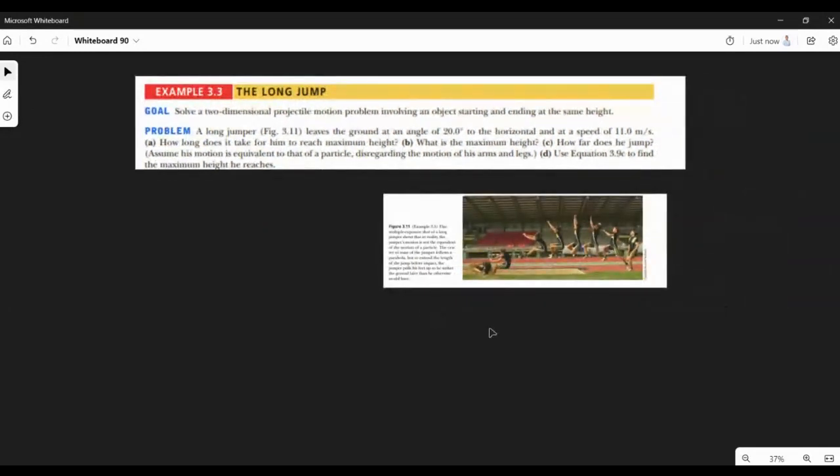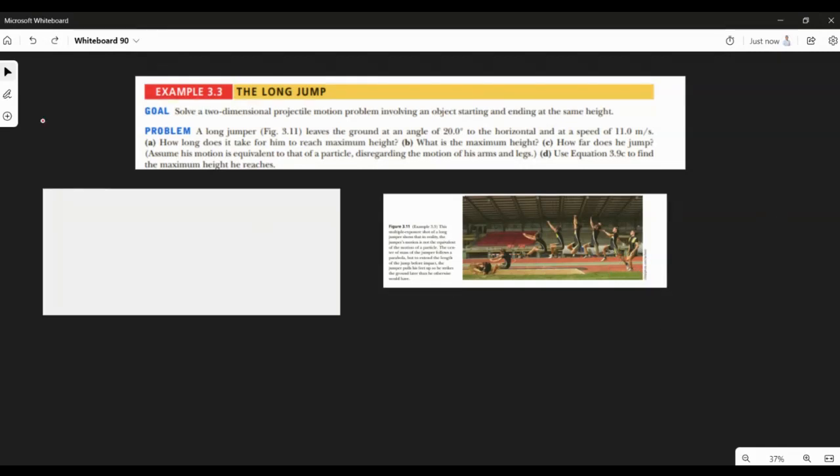Example 3.3. What's nice here is they give an angle. A long jumper leaves the ground at an angle of 20 degrees to the horizontal. What they mean by that, students, is this angle over here, the angle at which he's leaving.